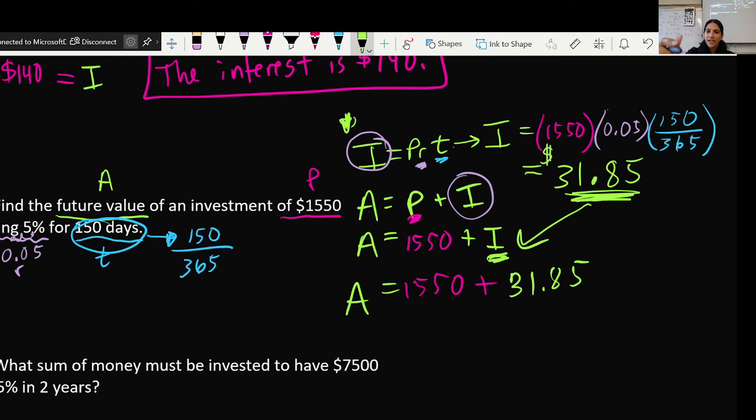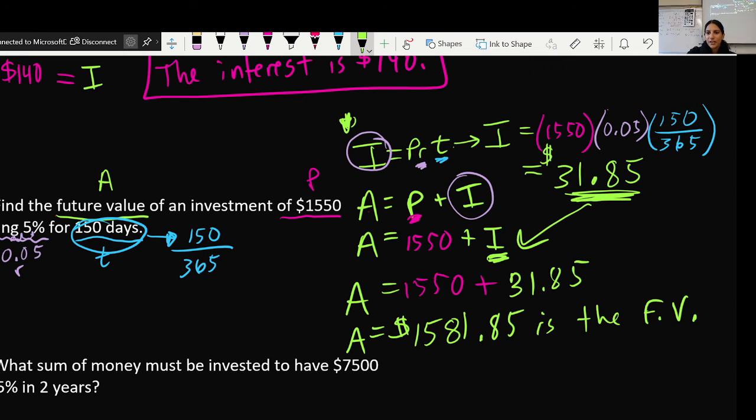And when we do that, we get our A value is equal to, in dollars, $1,581.85. When we put this all together, that is the future value.